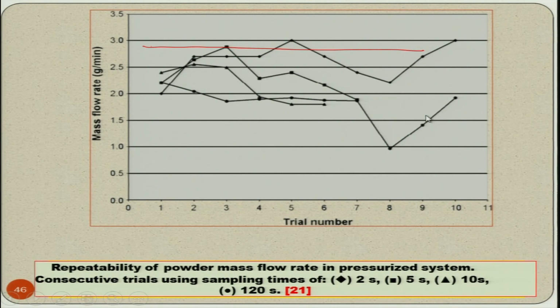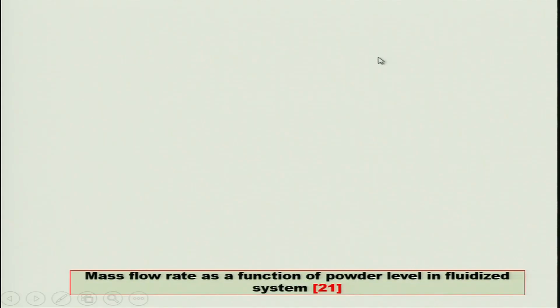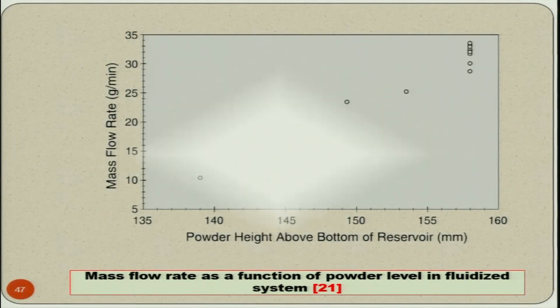So, such behavior is not very good, because it is going to affect the performance of abrasive jet micromachining. That is very important to be noted. However, unless there are design changes, you cannot get a constant flow rate as such.